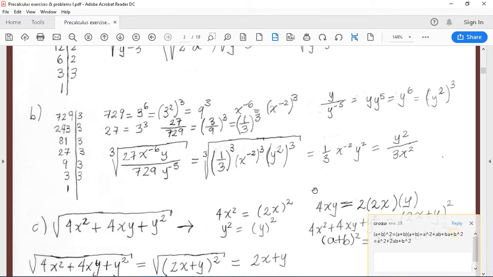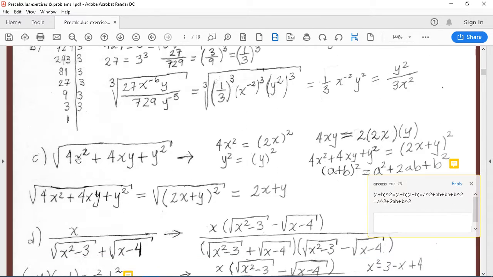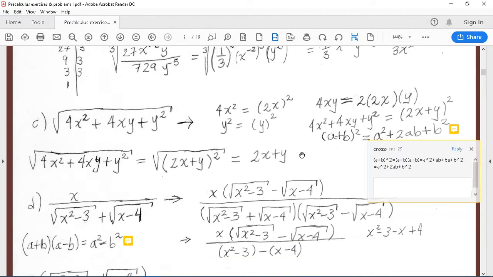Okay, now let's go to the third term, which is the square root of 4x squared plus 4xy plus y squared. Now, let's look at a plus b squared. a plus b squared equals a plus b times a plus b, which is equal to a times a, which is a squared, plus a times b, plus b times a, plus b times b, which is b squared.